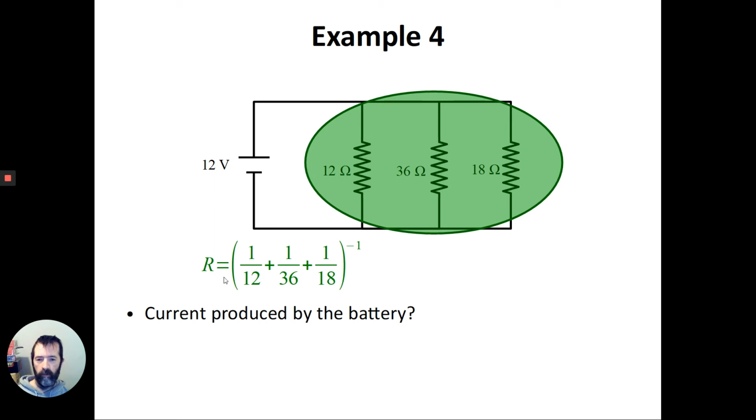So the resistance is going to be 1 over 12 plus 1 over 36 plus 1 over 18, all to the -1 power. The best common denominator here is going to be 36. 36 is 3 times 12. It's also 2 times 18.